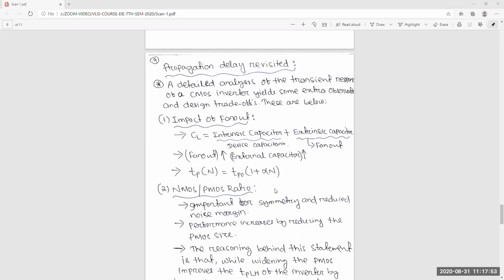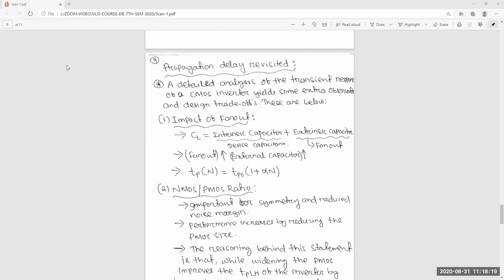And the next, another very important thing, is the NMOS and PMOS ratio. Why are we doing that? To make the VTC curve more symmetrical or to maximize the noise margin.